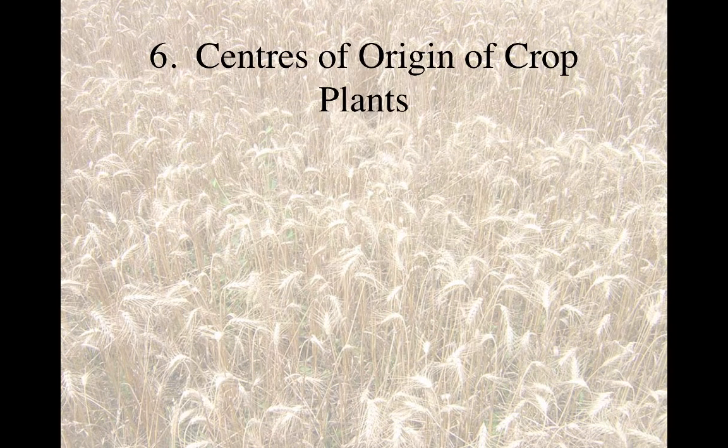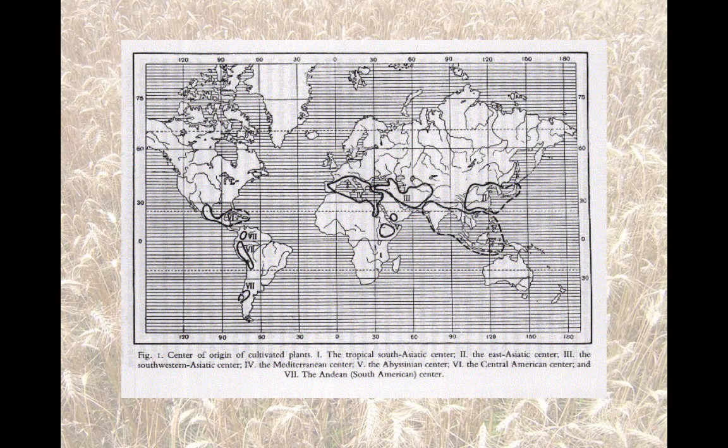So I want to switch gears now and talk about the origin of crop plants. Some of these crop plants would have been important in the origin of agriculture, but not all of them. So we're just talking about the crop plants in particular. And often we talk in terms of centers of origin of crop plants. This was the work of Nikolai Vavilov, a Russian botanist, and what he did was travel around and look for the origin of particular crops by looking at the diversity of their relatives.